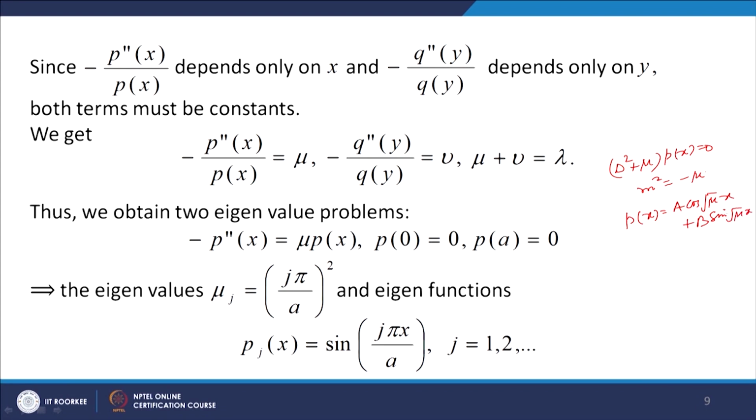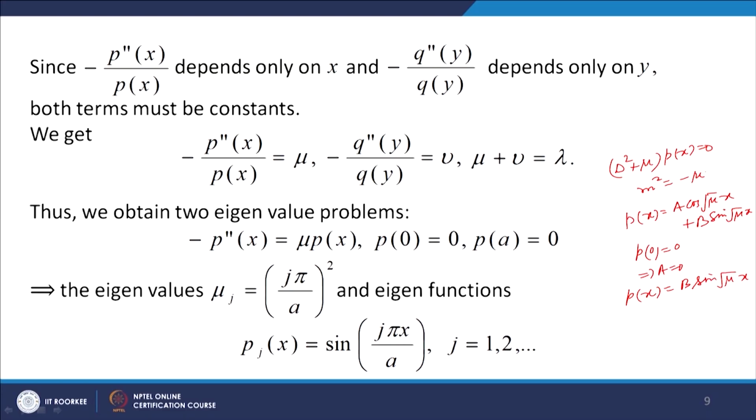So what will happen? P(0) equal to 0 will give A equal to 0. So p x will be equal to B sin root mu into x.